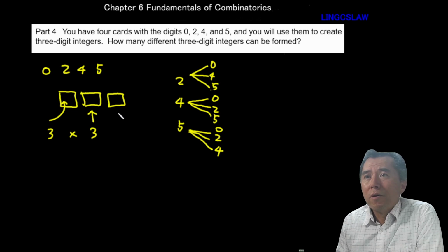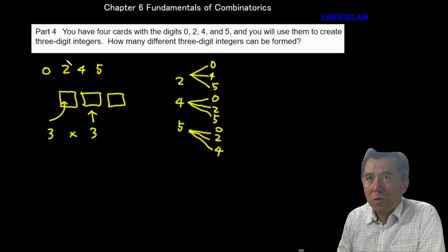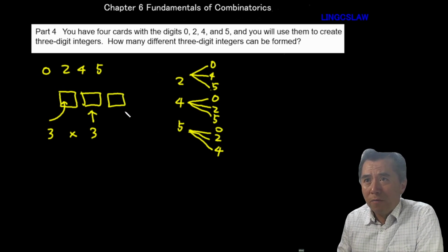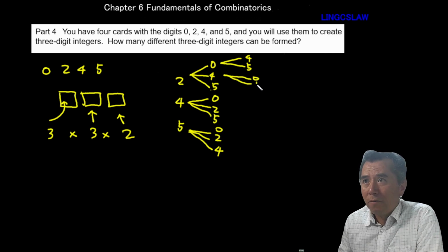And for the third digit, because you used 2 digits, there are 2 digits left. So the choices are: for 2, 0, the choices are 4 or 5. And here the choices are 0 or 5.